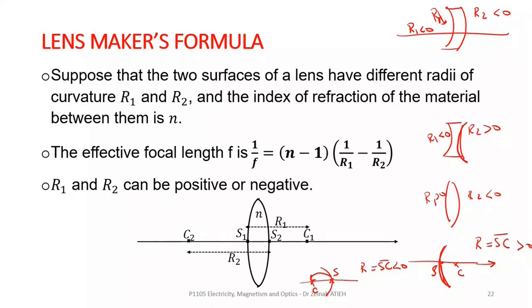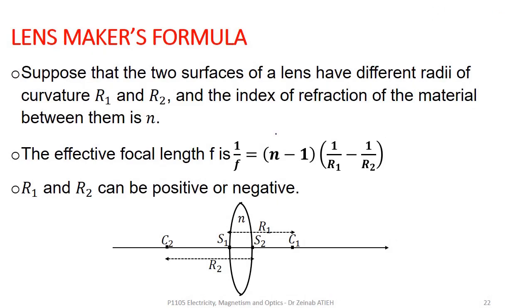Simply the signs of R1 and R2 will change if I flip the lens, because the positive sense changes, but at the end I will find the same focal length. Suppose that the two surfaces of a lens have different radii of curvature R1 and R2, and an index of refraction n of the material between them. So we have glass, plastic, any type of index between them.